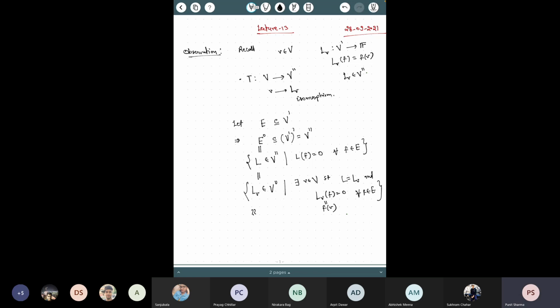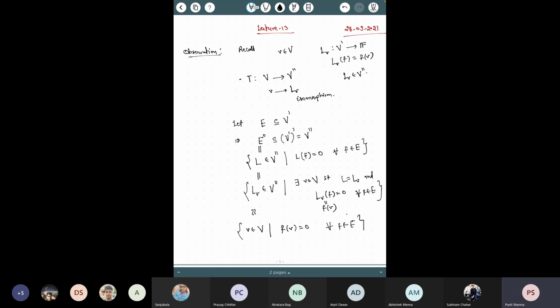Just look at whatever I have written here. Can you rewrite this as a subset of V using this isomorphism? Yes, sir. Tell me. Sir, v belongs to V such that f of v equals 0 for all f belongs to E.